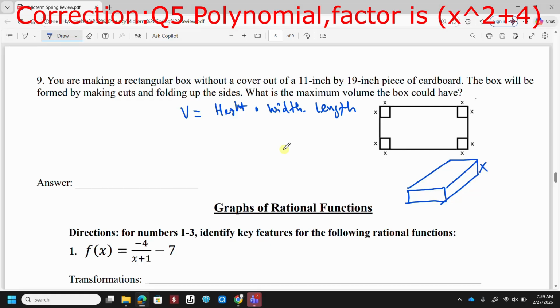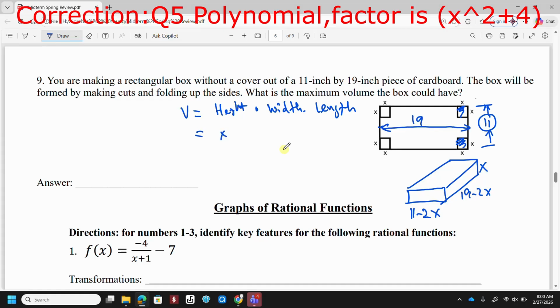At first, the width is 11 from here to there. But then you take out these 2x's. So the width, you're going to have 11 minus 2x. And the same thing with the length, you're going to have 19 minus 2x, because 19 is all the way from here to there.